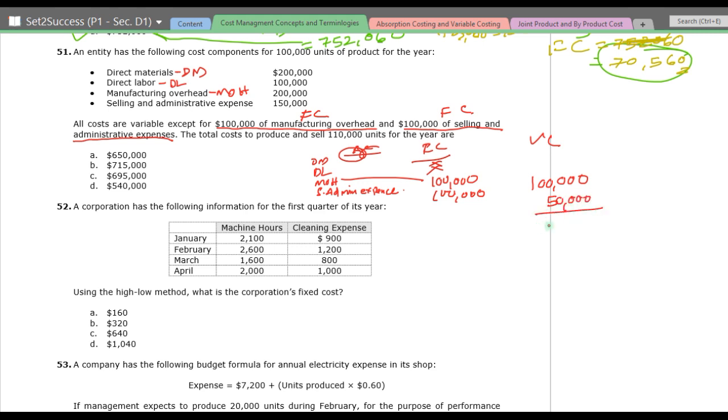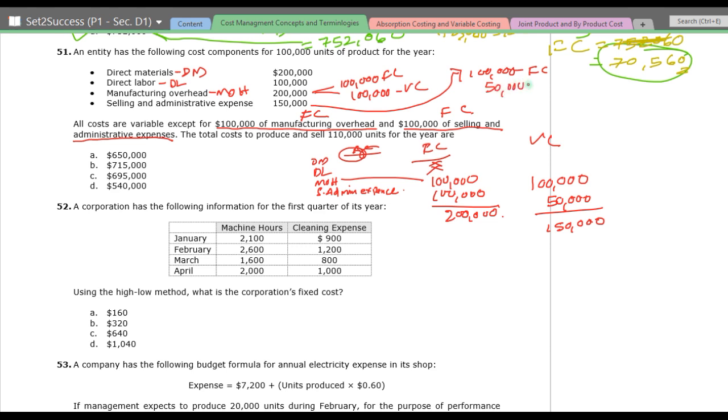So the total variable cost is 150,000, and total fixed cost is 200,000.